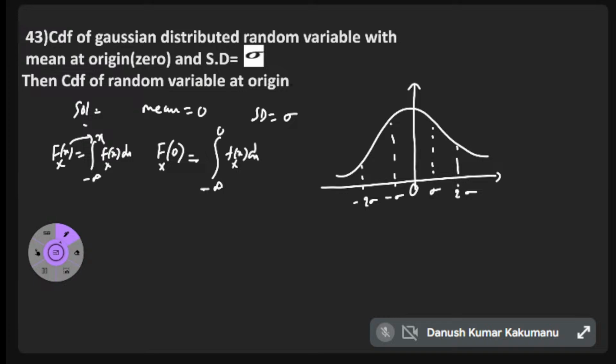Here the upper limit is 0, so it is asking for the area from minus infinity to 0. The overall area is 1. How much is the area from minus infinity to 0? 0.5, half of the area, because it is symmetrical about the y-axis. Is it clear to all of you? No confusion?